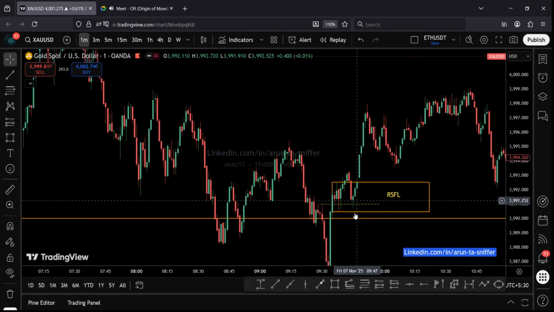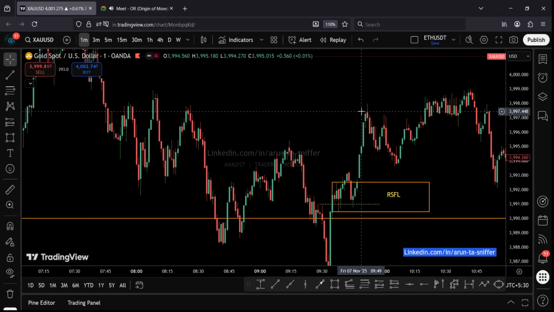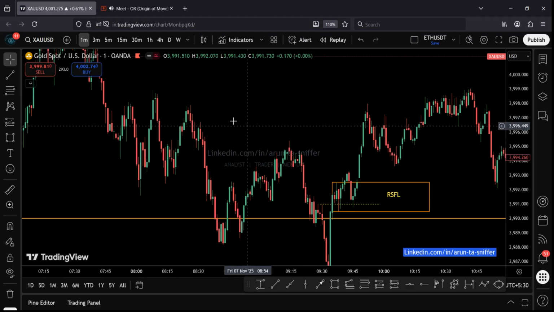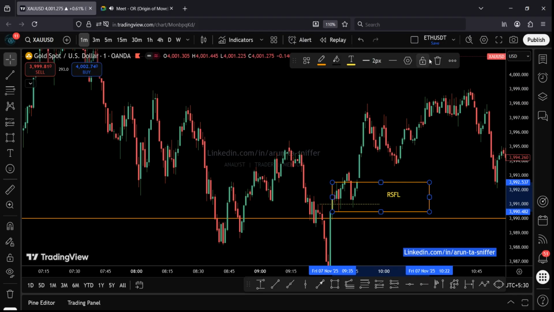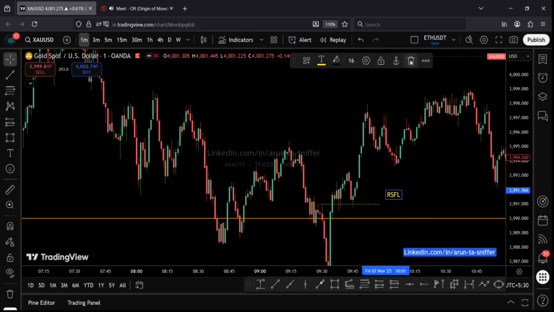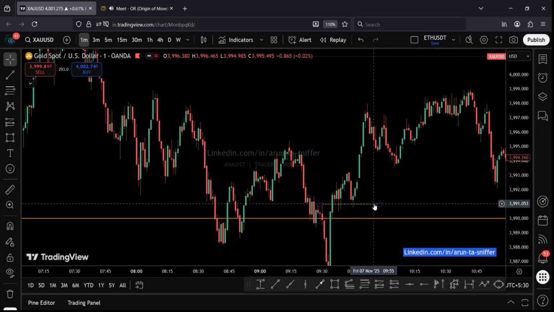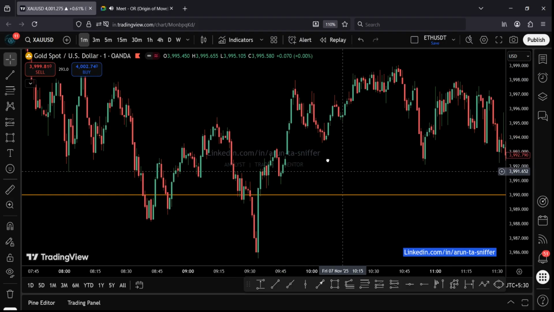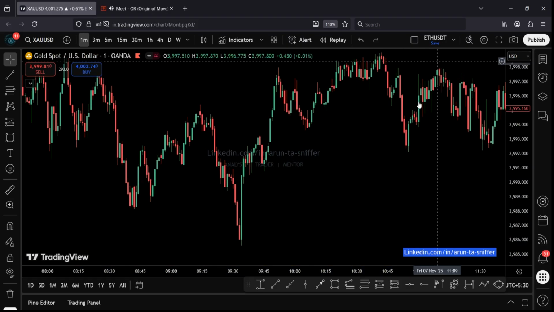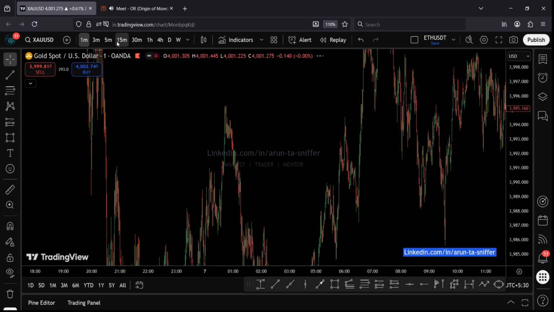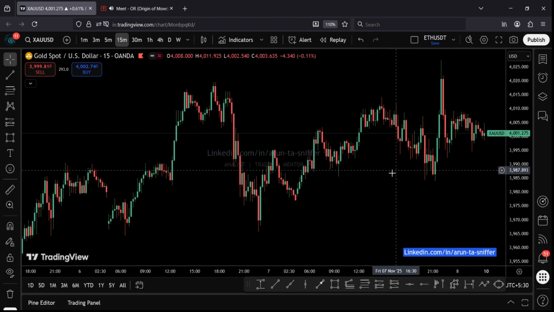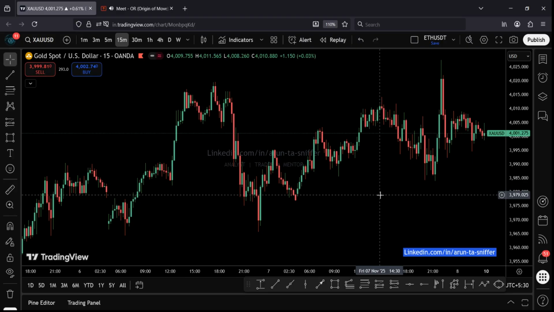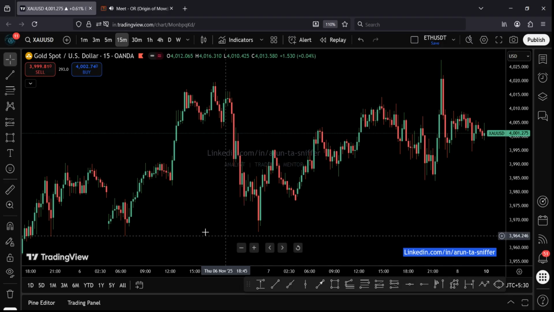And then goes up again, right, to this level. This is our RSFL. Let's go and find another example.